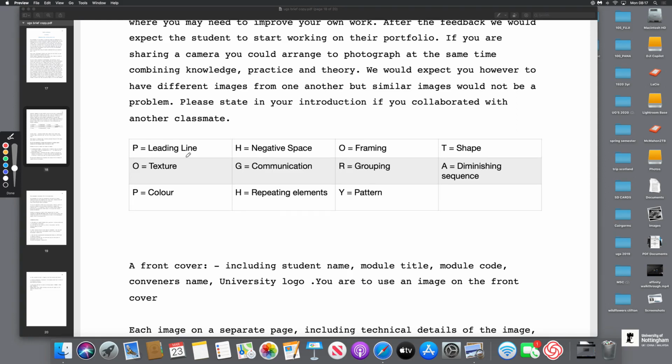That's fine, but don't go putting in 3 textured images or 3 pattern. 2 at the most. So if you had your leading lines for your front cover, that's good. But then if you couldn't find a framing, then put another leading lines in, or so on. Get what you can.